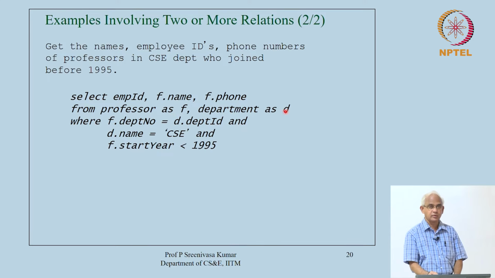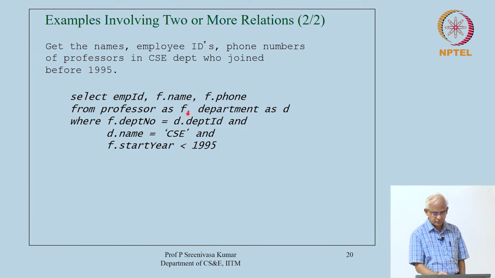Why do you need the department table? That is because the name of the department does not exist in the professor table, and we have to act as though we do not know the number of the CSE department, the department ID of CSE. So, we have to put it as a condition here.